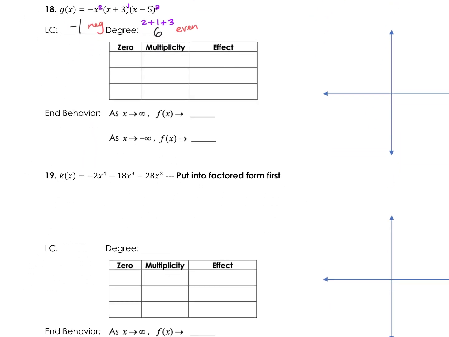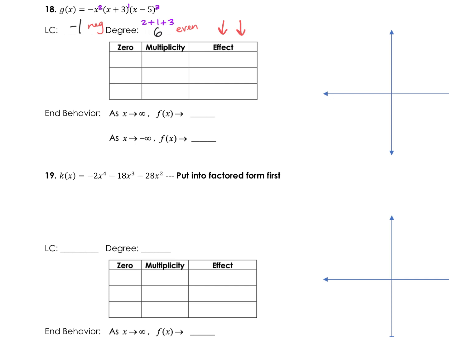Okay, because it's even and negative, it's going to do what? Can you show me with your arms or fingers or hands? What's it do? Even, negative. Down, down. Okay, so draw yourself the arrows. Actually write them down because it will help you with the as x goes to infinity, blah, blah, blah, all that. That's the confusing part.